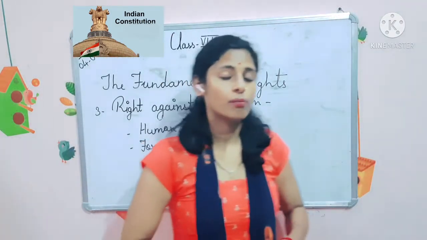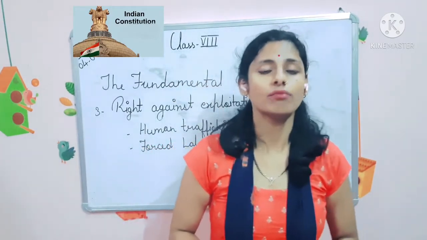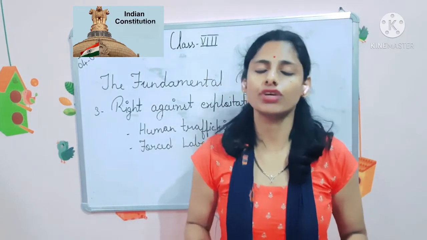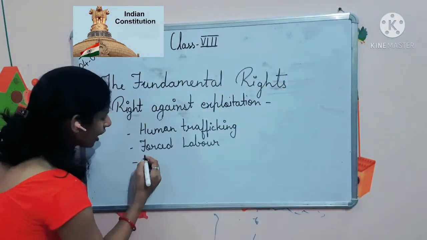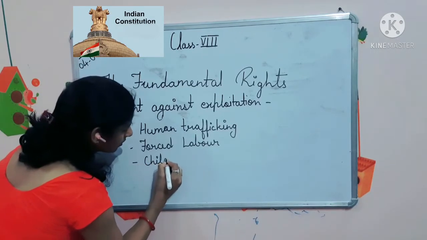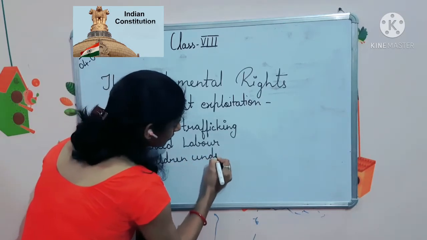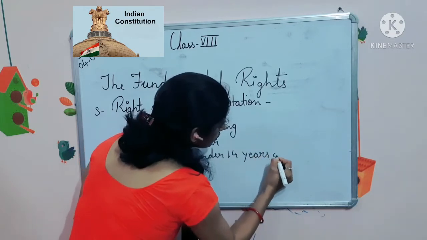No one can buy or sell any person for their lifetime or force them to do work without their will. And it also prohibits the employment of children under 14 years of age.